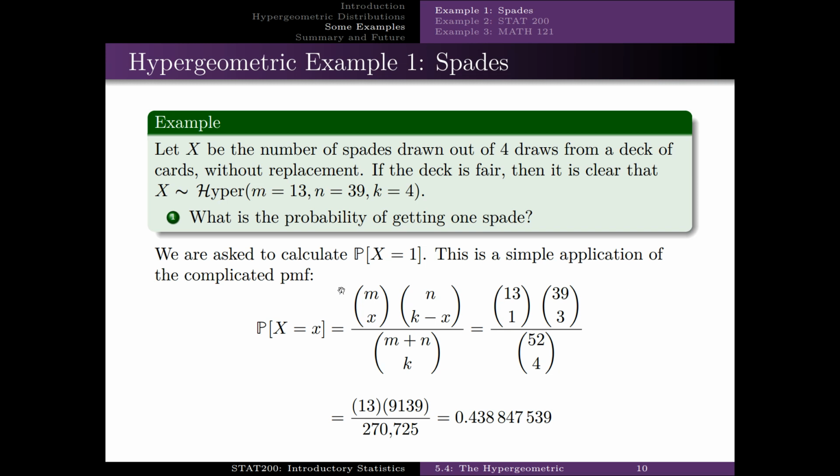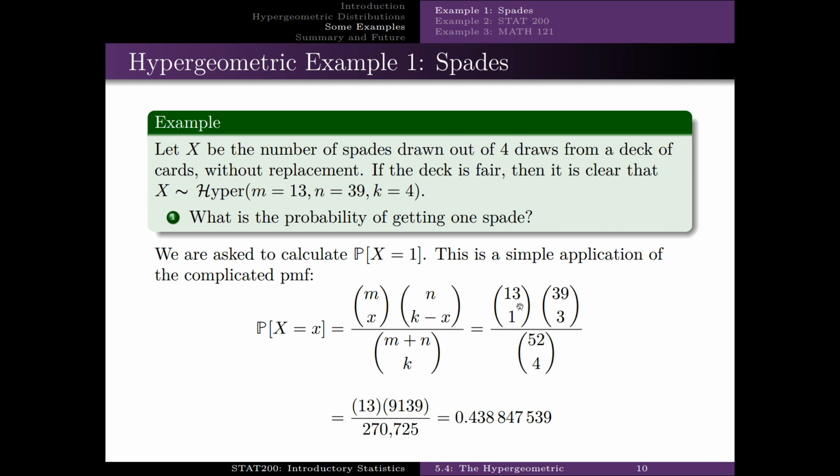Probability of getting 1 spade, plug and chug. Probability x is equal to 1. We're given m is 13, x is 1, n is 39, k is 4, 4 minus 1 is 3. A little check here. 13 plus 39 has to be 52. 1 plus 3 has to be 4.